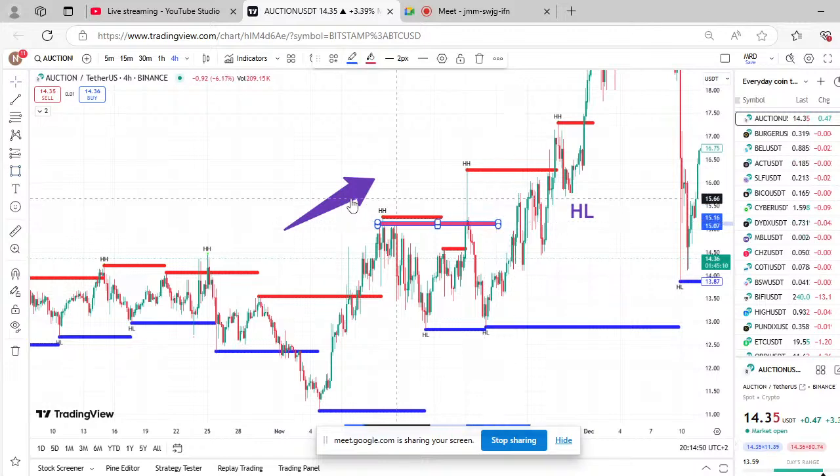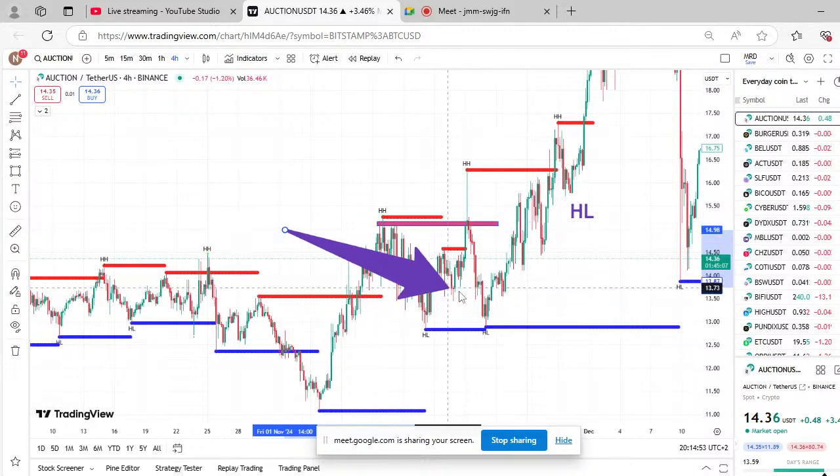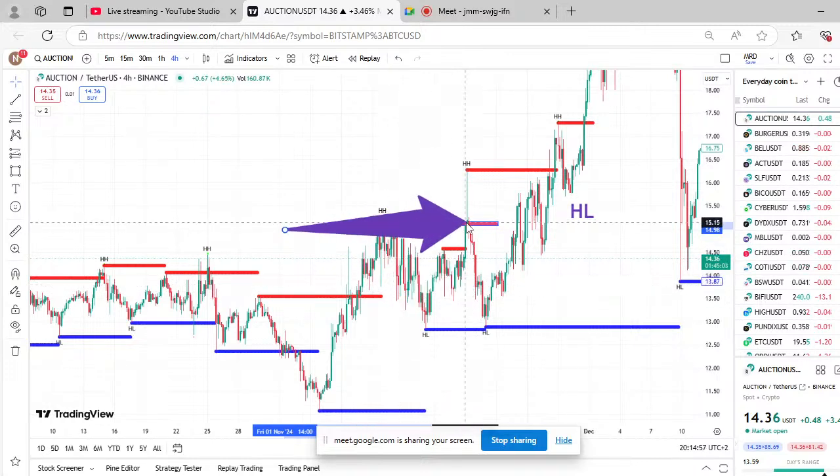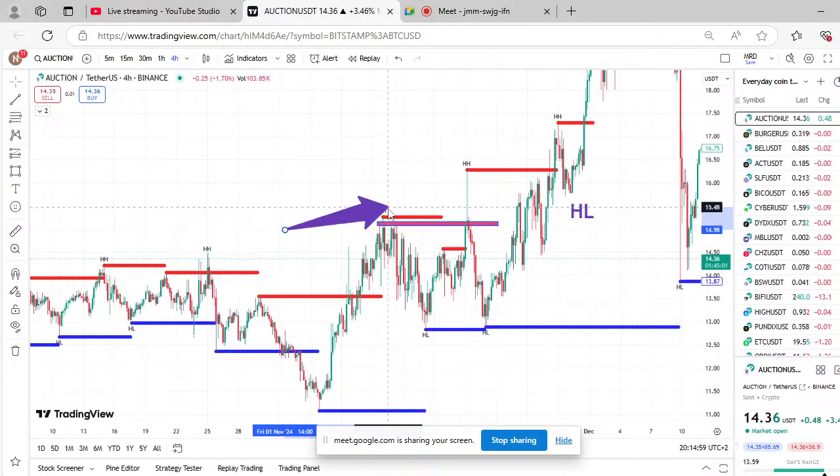Meaning you could enter somewhere like here, expecting the coin to break this line because it is the previous high.